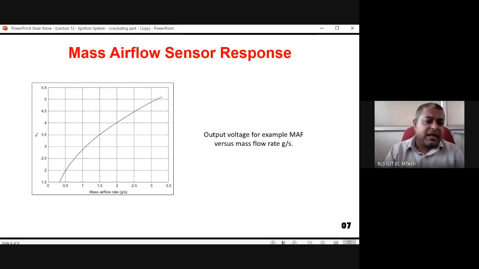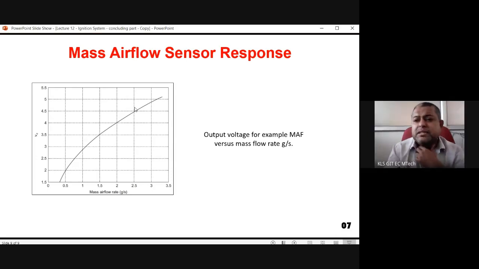On the x-axis you can see the mass airflow rate, in grams per second. How much air is input to the fuel system or engine system? And the output is V naught. As the amount of air, M_A dot, the rate of mass, is more, more and more output voltage is created.